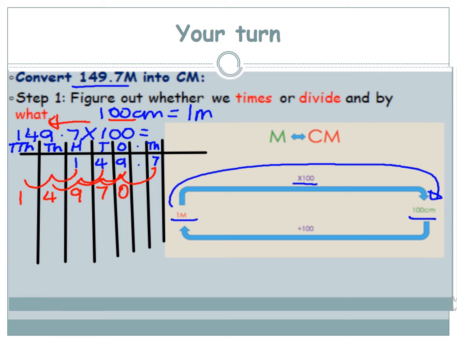So 149.7 meters into centimeters gives you 14,970 centimeters. So well done if you got that correct.